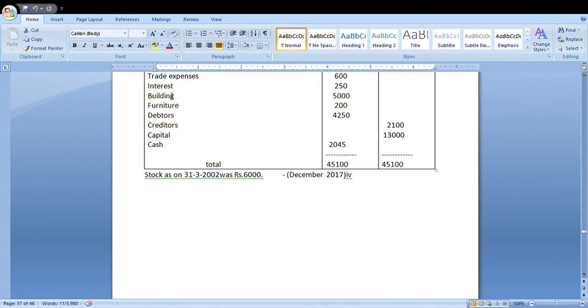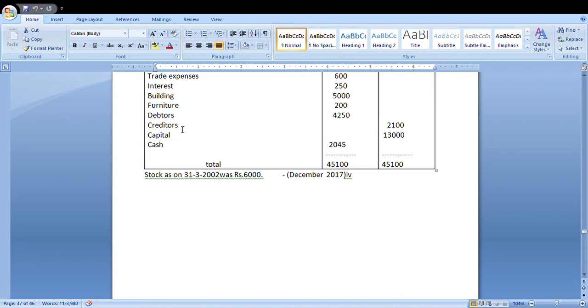Next, bills receivable. It is not an expenditure. This is an asset, so it does not enter the trading account. Furniture is also an asset. This does not enter the profit and loss account. Debtors are also an asset. They do not enter the profit and loss account.